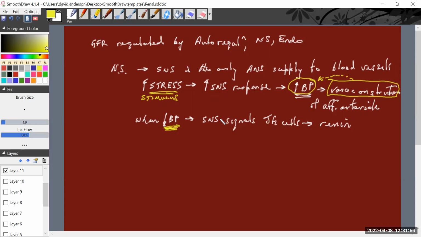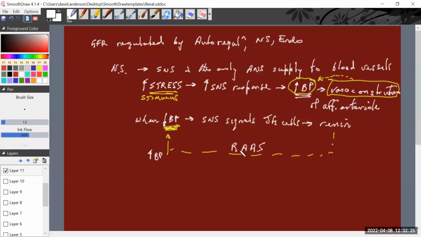And we know what happens when we release renin. We're going to convert angiotensinogen to angiotensin 1, then angiotensin 2. Angiotensin 2 is a vasoconstrictor that's going to increase blood pressure. So basically, through that pathway, we're going to have the opposite effect. And this is just our RAAS.